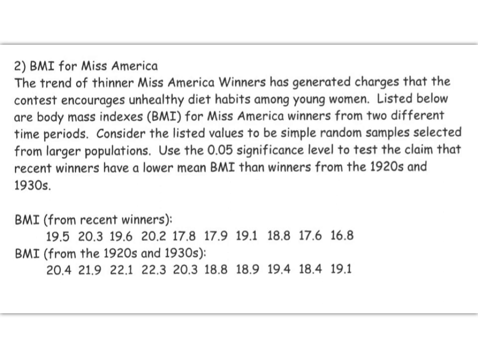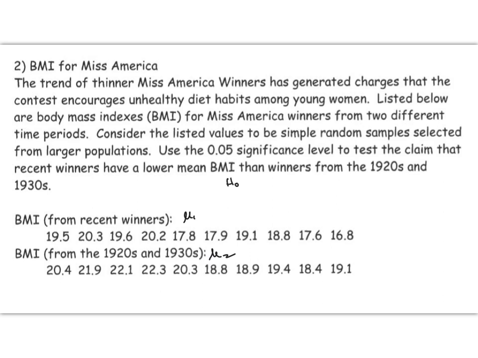Consider the listed values to be simple random samples selected from larger populations. Use the 5% significance level to test the claim that recent winners have a lower BMI than winners from the 1920s and the 1930s. So these are going to be my first mean, these are my second mean, and I am going to set up my tests.